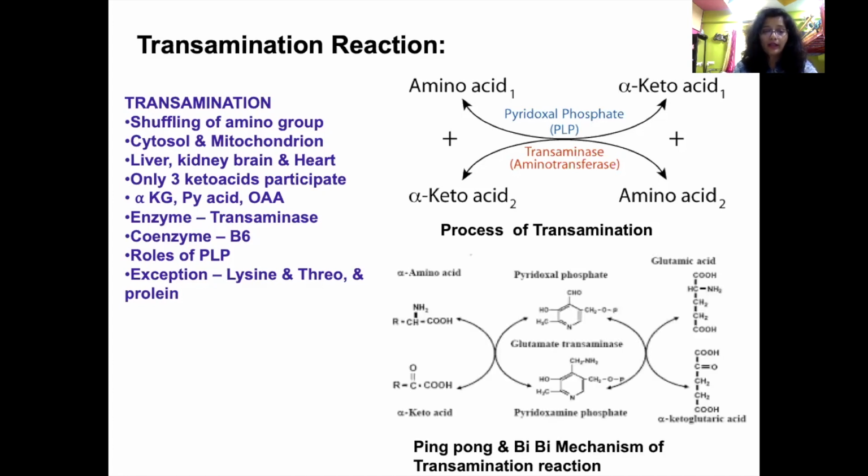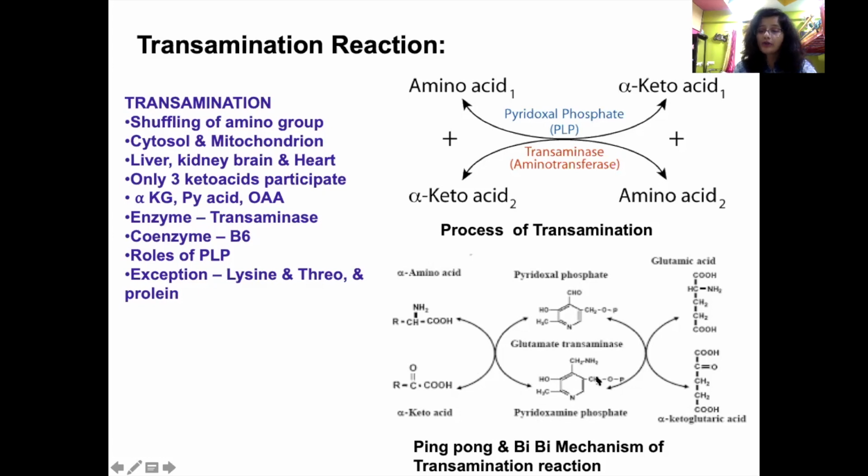In this diagram, you can see this is the amino acid, and this pyridoxal phosphate is linked with the transaminase enzyme. So this pyridoxal phosphate accepts the amino group from the amino acid and holds it for some time to form pyridoxamine phosphate, and it releases the keto acid.